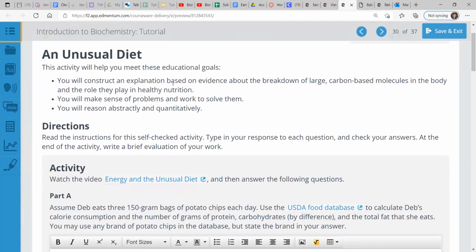It's about this British lady only eating chips, potato chips. And she is able to survive on that. It's not necessarily the healthiest diet, and she's missing a lot of nutrients and vitamins, but she is consuming enough carbs and energy to actually function.